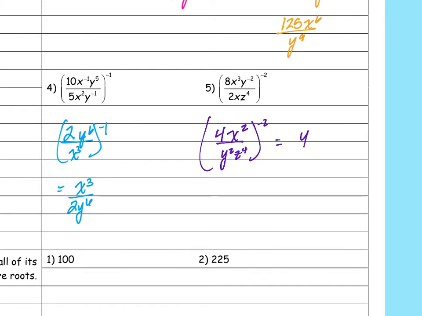So it becomes y squared z to the 4th all over 4x squared, all squared. And then that squared gets distributed through everything. So I should get y to the 4th, z to the 8th, all over 16x to the 4th. There we go. Done. Questions?